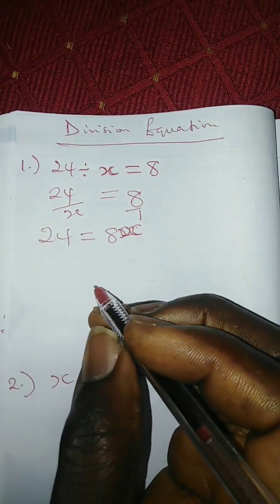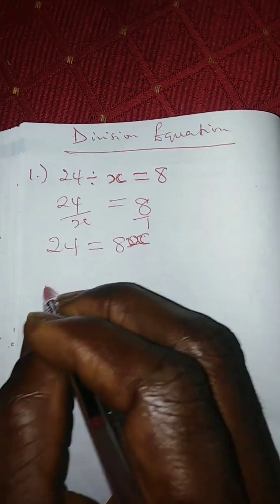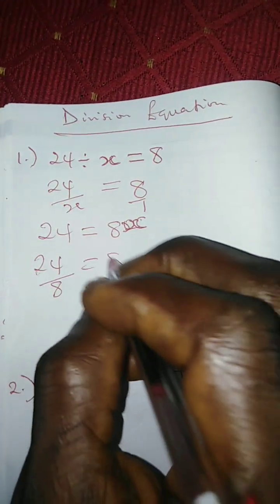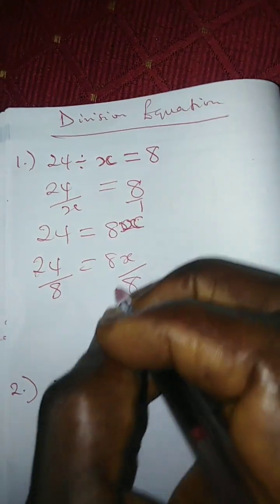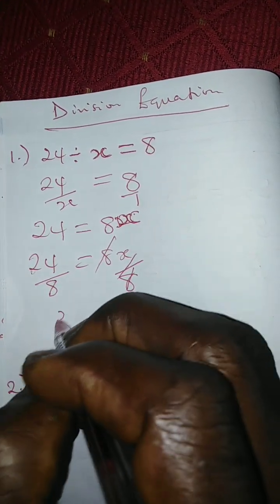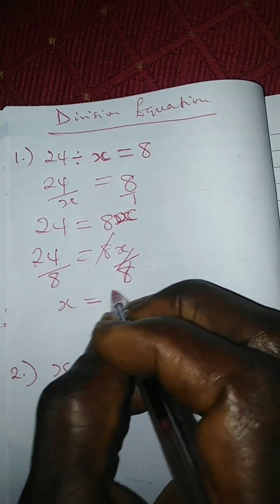So I divide both sides by the value of 8. 24 over 8 equals 8x all over 8. 8 cancels 8. X now equals 3.